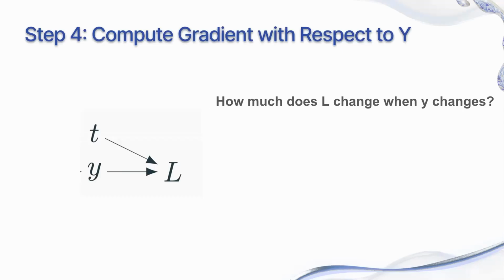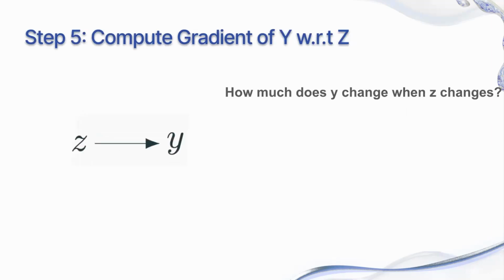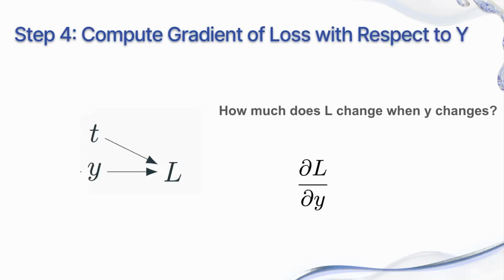So again, we just look at this part of the graph. If we want to quantify how much L changes when Y changes, we would write the partial of L with respect to Y. T is our target. In the cross entropy loss equation, you have that target value.